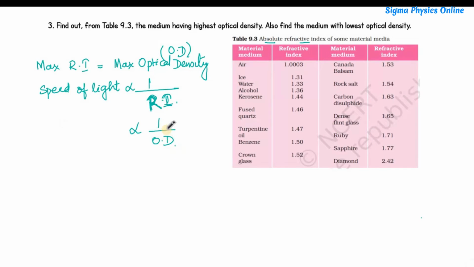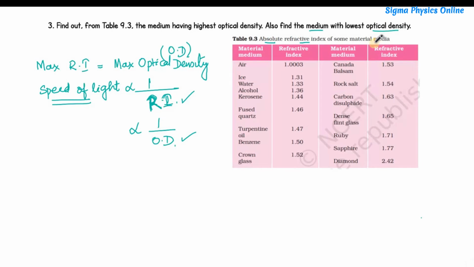So the medium whose optical density is maximum, the speed of light will be least in that medium. Now looking at the value of the refractive index or the optical density, we can say whether the speed of light will be more or less in that medium. Here we are asked to find the medium with the lowest optical density.